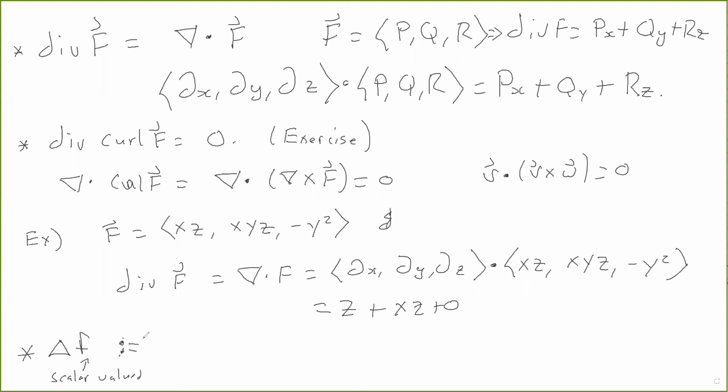And this is defined to be the gradient squared f, or gradient dotted with gradient of f. So let's do this for 3 variables.